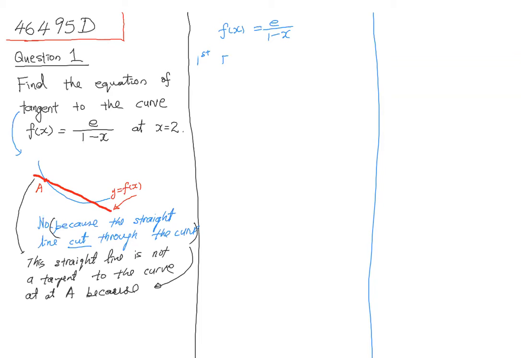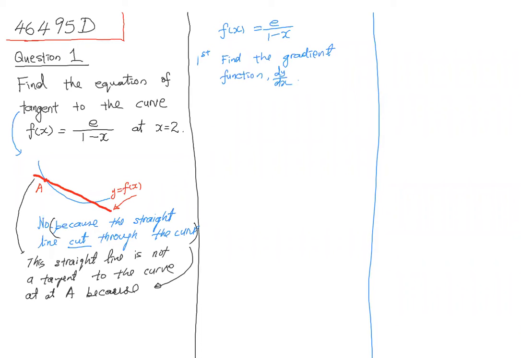Yes, we must find the gradient function. And the second, we must find the gradient at x equals to a given value. So this is your dy/dx, correct? So you have to remember, I must find the gradient function.